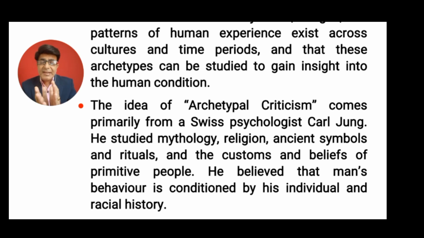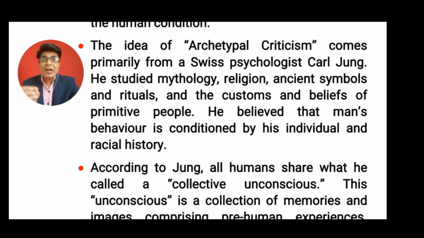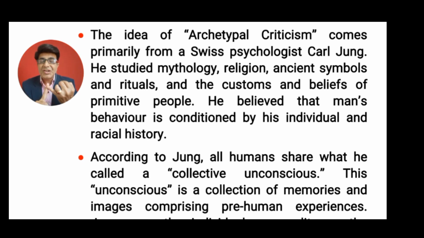Now this idea of archetypal criticism was actually given by a psychologist whose name is Carl Jung. The spelling is J-U-N-G, but the pronunciation is Yung. He belonged to Switzerland, so you can call him a Swiss psychologist. He was interested in the study of mythology, religion, ancient symbols, ancient rituals of different cultures.